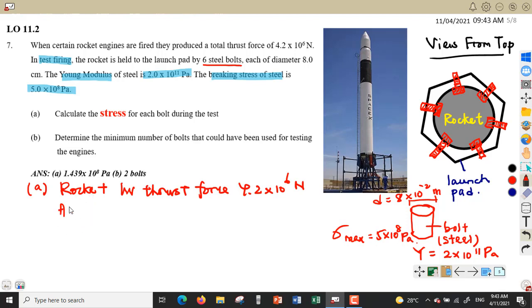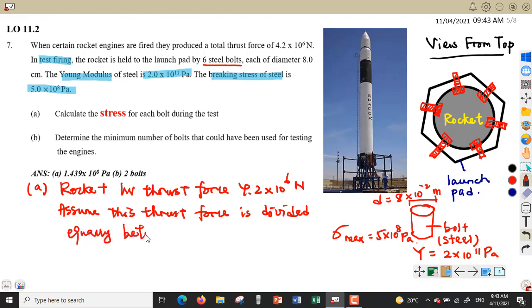So, we assume this thrust force will be divided equally lah, dibahagi sama rata between the 6 bolts lah. Why? Because kita kan ikat roket tu dengan 6 bolts kan. So, 6 bolts ni, dia akan rasa thrust force ni secara equally lah. So, kita assume lah, dia divide equally between the 6 bolts.